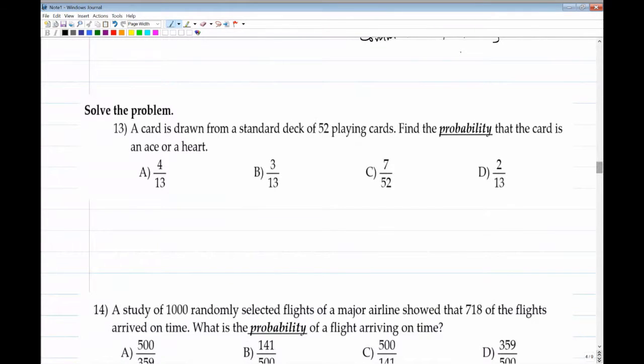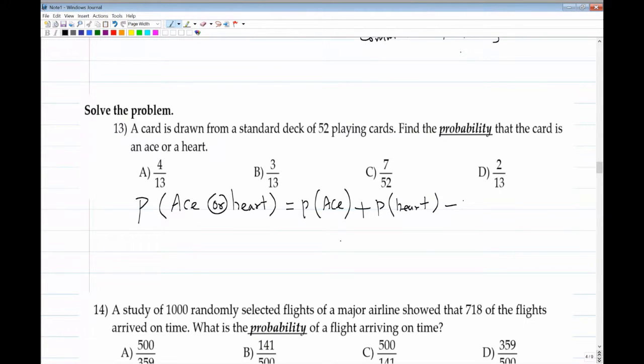An ace was drawn from a deck. Find the probability of being an ace, or, here is the key word right here, or heart. According to the rule of or, this is the probability of being an ace, plus, since the word or goes with the plus, the probability of a card being heart.